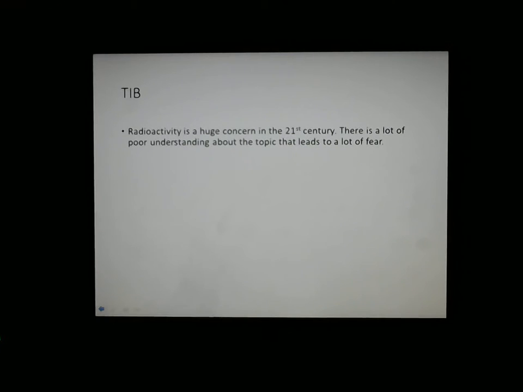So radioactivity, the reason we're doing this is that radioactivity is a bit of a big question for you in your day and age. Nuclear power is something that is very commonly discussed as a possible power source to be used.